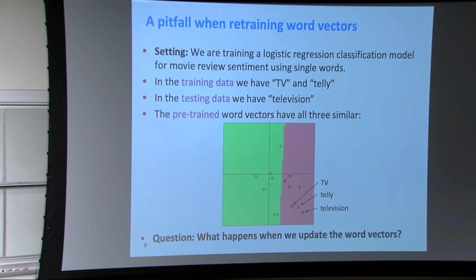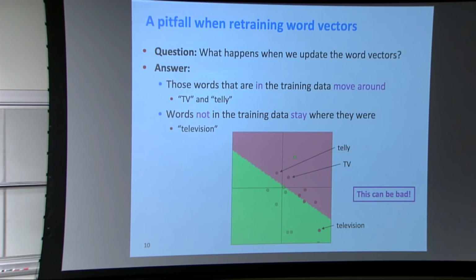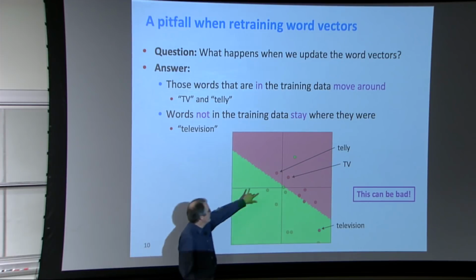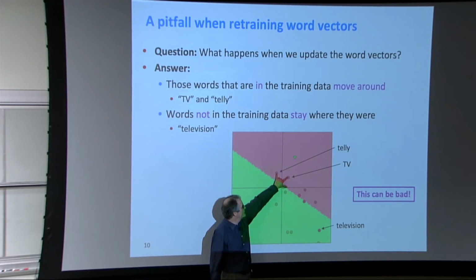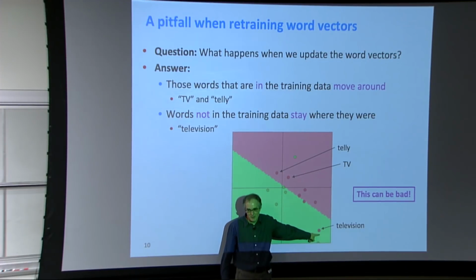Then what's going to happen is, while we train our sentiment classifier, if we push gradient back down into the word vectors, it will move around the word vectors of the words we saw in the training data. But television is not moving, because we're only pushing gradient down to words that are in our training data.